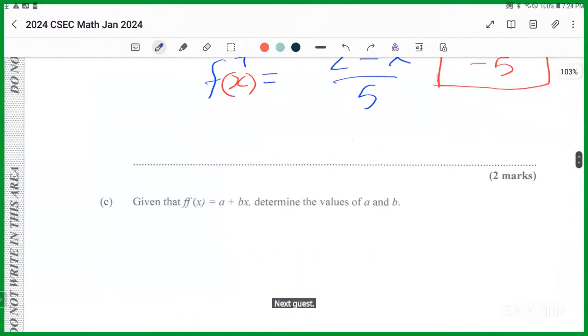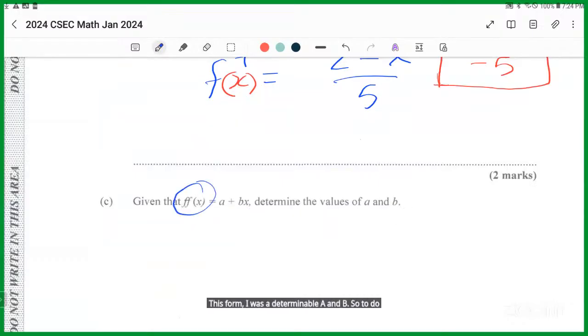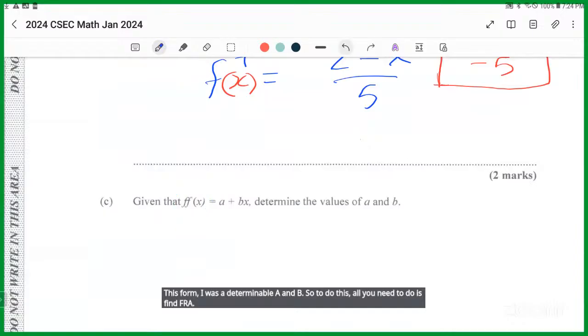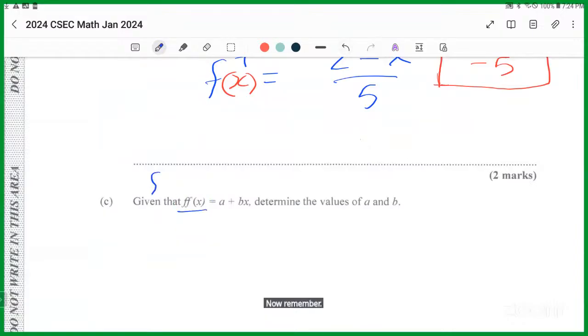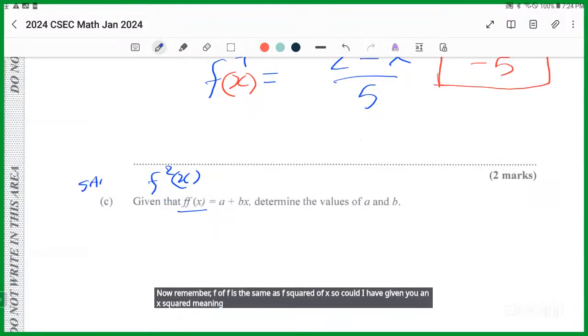It wants us to find f of f, in this form, to determine the value of a and b. So to do this, all we need to do is find f of f. Now remember, f of f is the same as f squared of x. So they could have given you f squared, meaning the same thing.